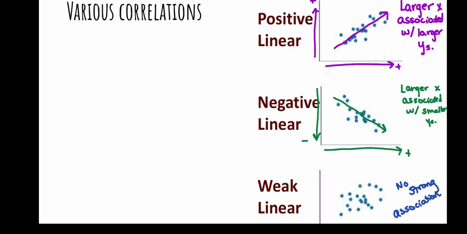They're not really trending about a line at all. They're just a blob of points. So that would be a weak correlation. Now, the stronger the correlation, the closer the points will be to a straight line, and the weaker the correlation, the farther away from a straight line they are.